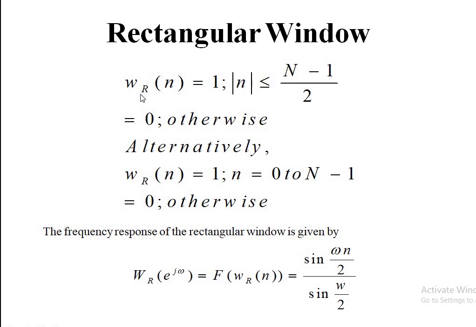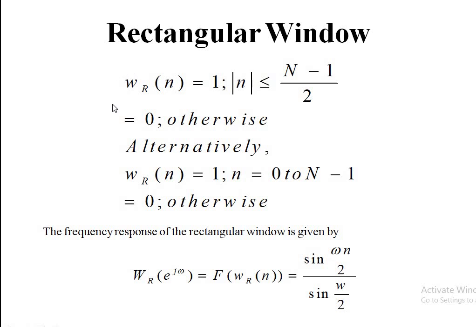The N-point rectangular window WR of n is defined as WR of n equal to 1 for all n from minus (N minus 1) by 2 to plus (N minus 1) by 2, and 0 for all other values.